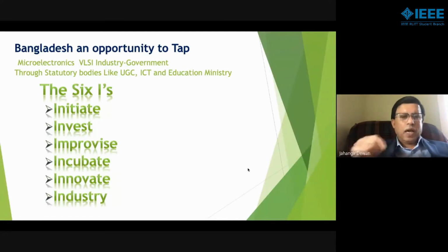Then incubation. Around it we can incubate 2-3 students; they can start incubation in the university. Incubate means they can start their own startup, right? And the government has funding or incubation funding, you can apply for it. And innovation, of course, is always there.